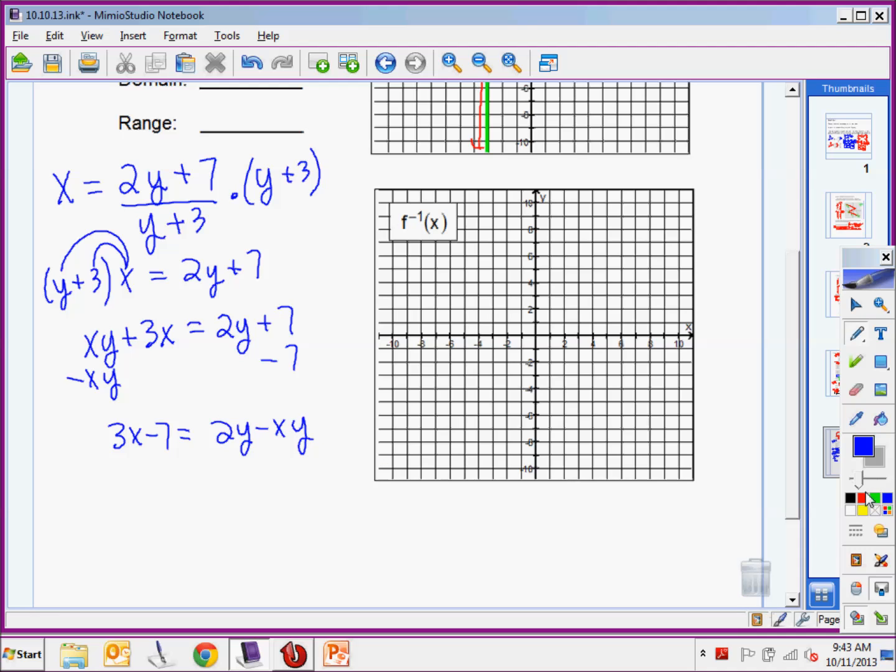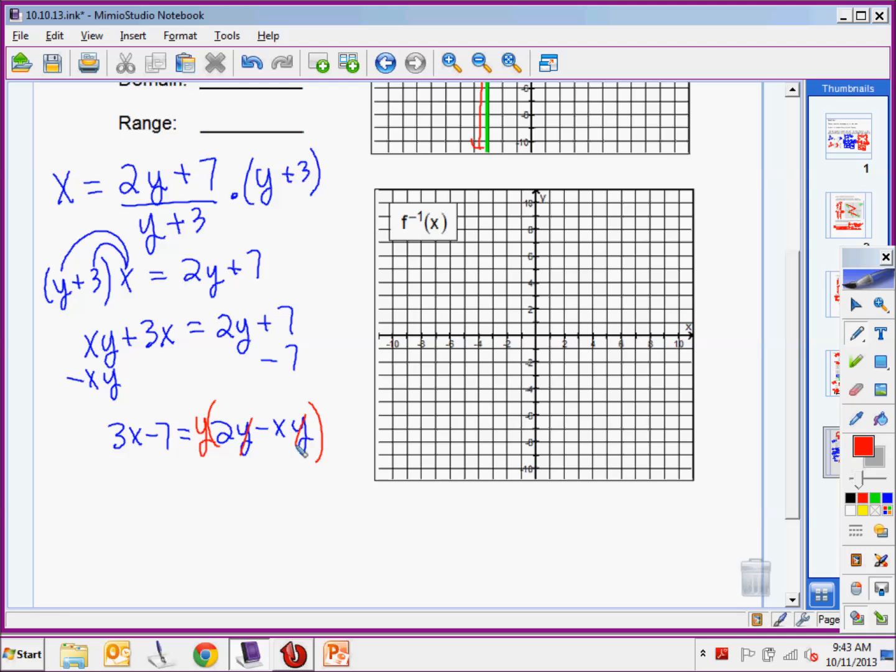Let's see how good your algebra skills are. Do I need to do anything else to this side? No. What do I need to do to this side? Take the x and 2 out of there. Okay, or just get the what out of there? Y. I can factor out y, right? So when I factor out y, what am I left with? 2 minus x.